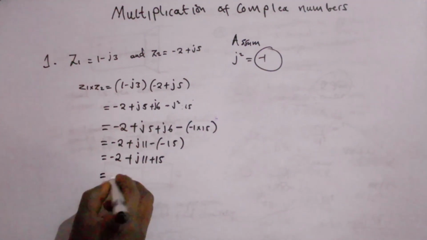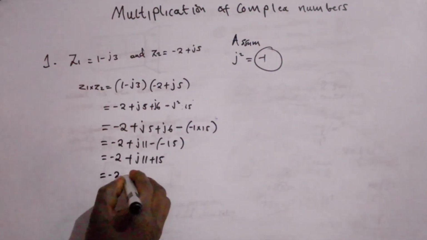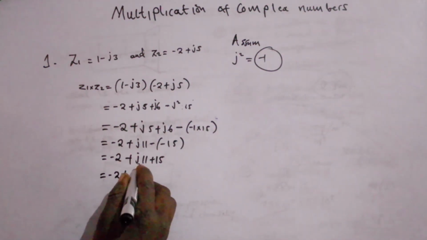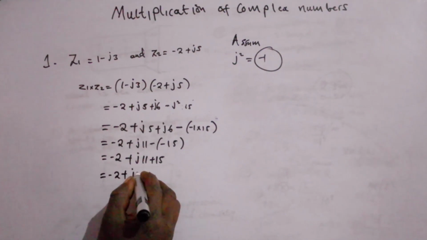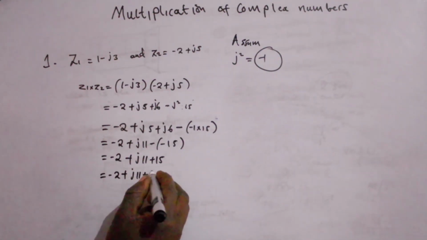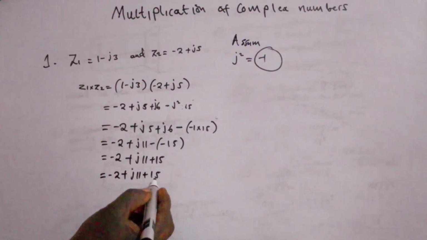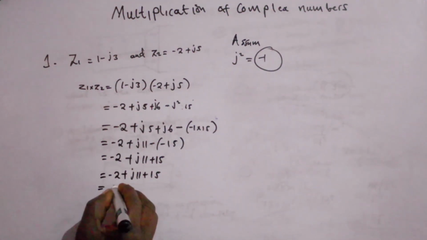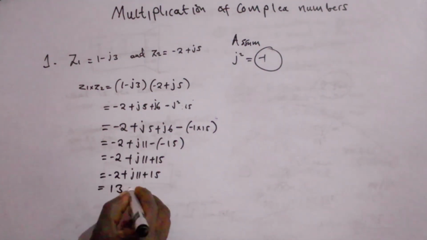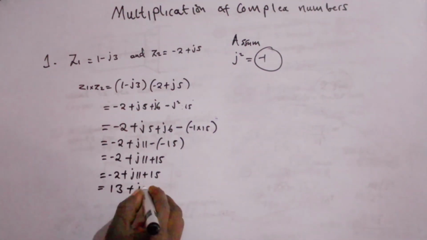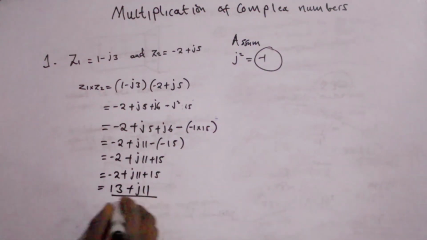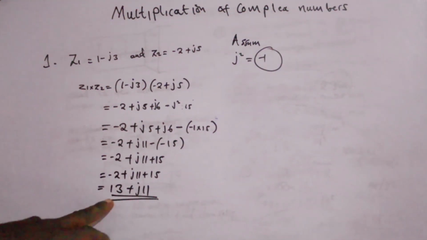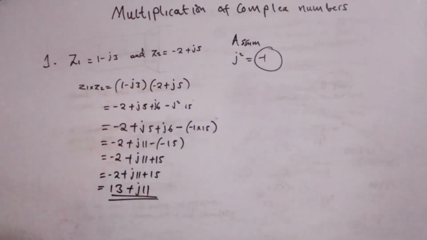Okay, in which you are going to have minus 2 plus 11i plus 15. Minus 2 plus 15, you are going to have 13 plus 11i. So this is where we end. This is our answer for this question here.